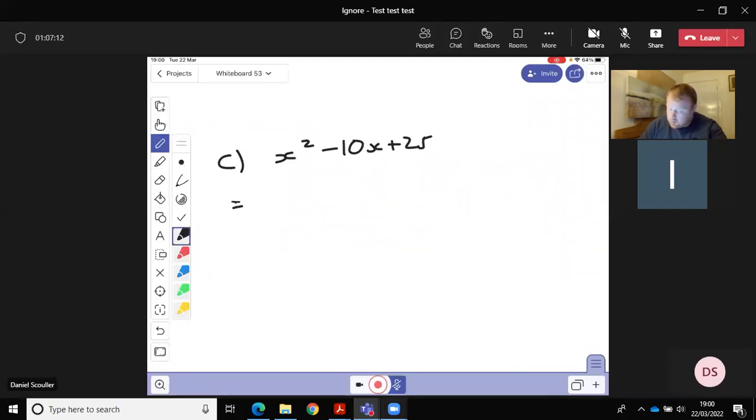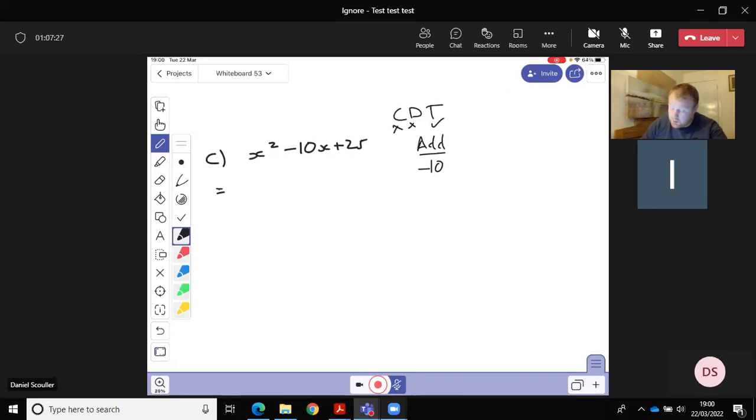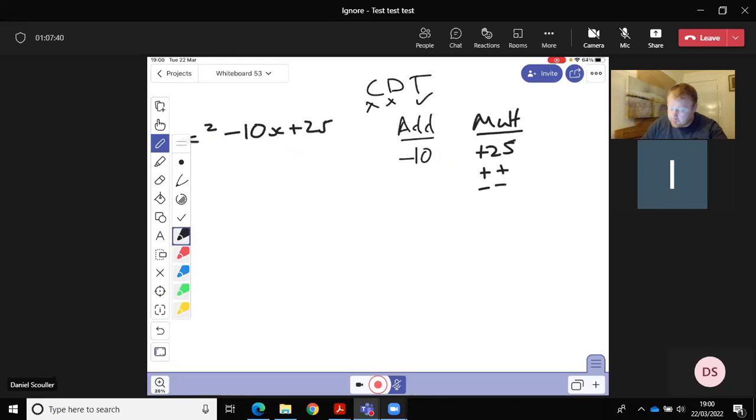We're adding together to make our second term. Sorry, I should have written CDT there. No common factor, no difference of two squares, trinomial. Adding together to make our second term, multiplying together to make the third term, which is plus 25. So the two numbers that we're multiplying together have to either both be positive or both be negative.